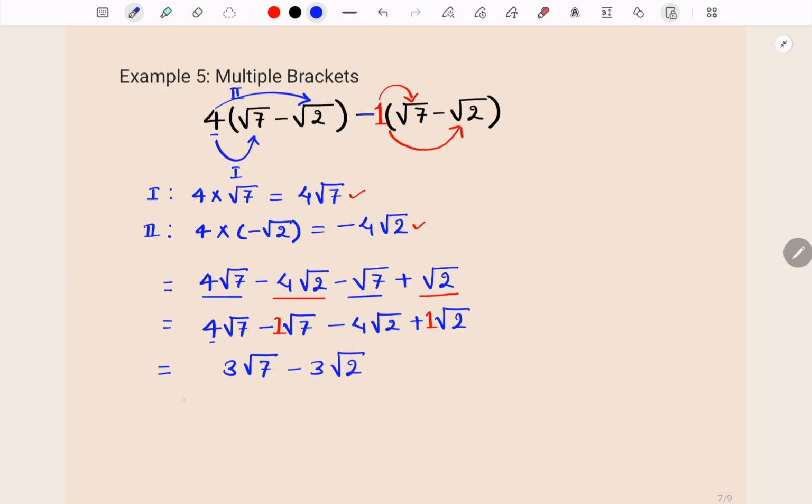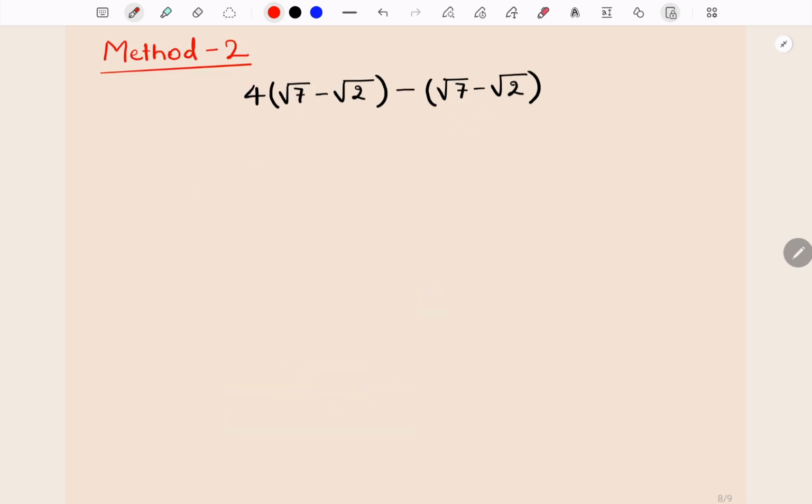You can factor out 3, so it would be 3 multiplied by root 7 minus root 2, and this would be our final answer. Now let's solve the same question with a different method.